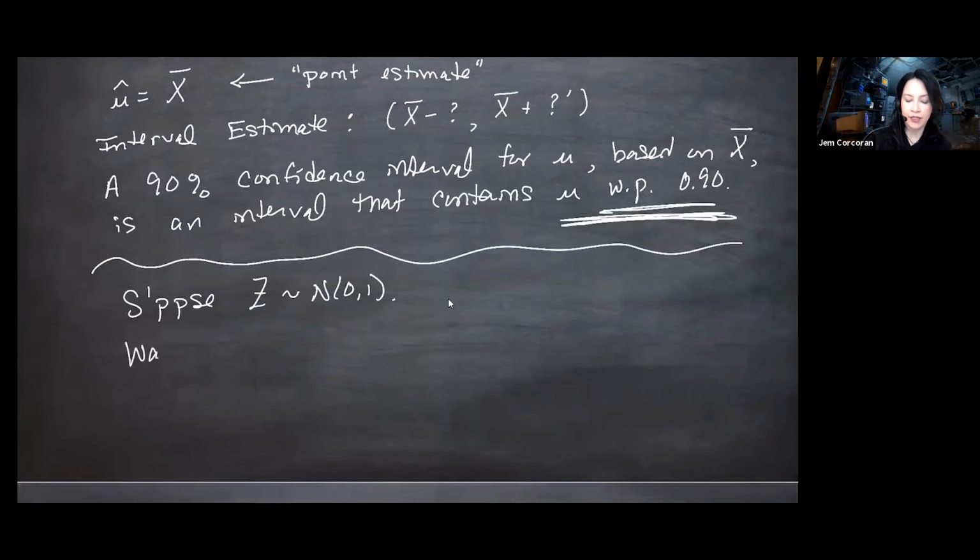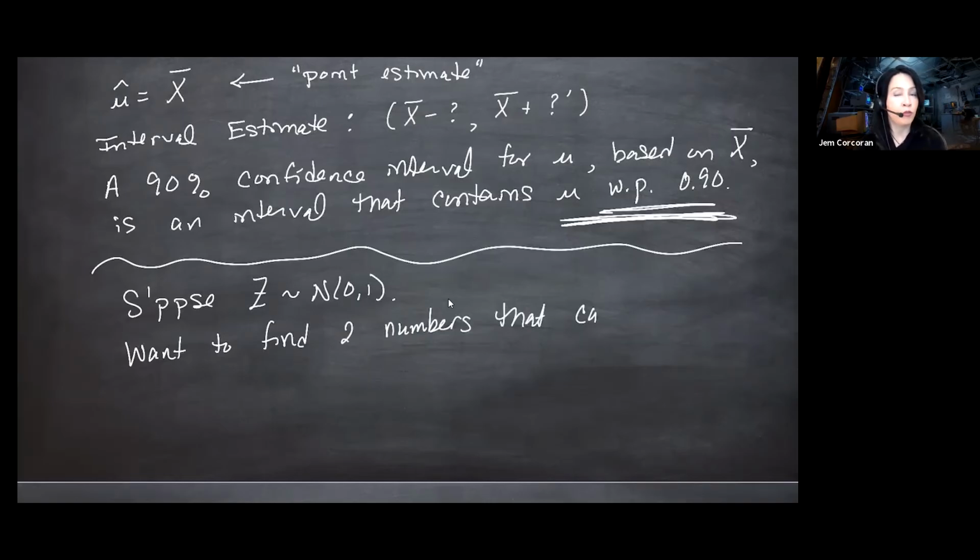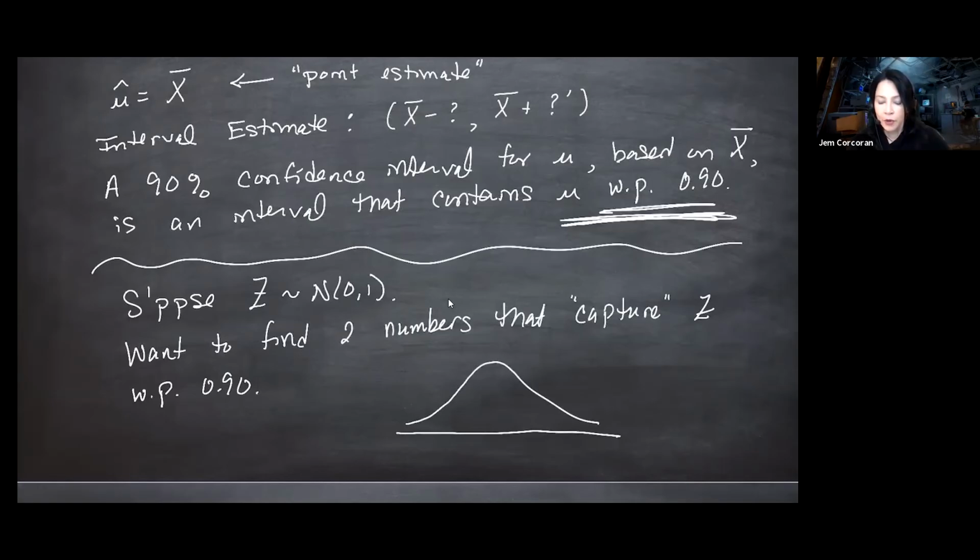We want to find two numbers that capture Z with whatever probability we're trying to capture. So continuing in this example, 0.9. If you look at the standard normal distribution, a nice bell curve centered at 0, we want to find two numbers, and the way I'm going to draw them, it's going to look like they're symmetric, but they don't have to be. I'm looking for two numbers that are going to capture area 0.90 in the middle. It does not have to be in the middle.